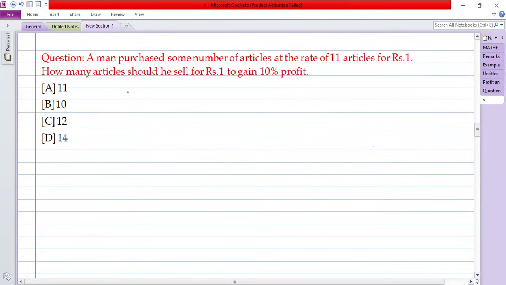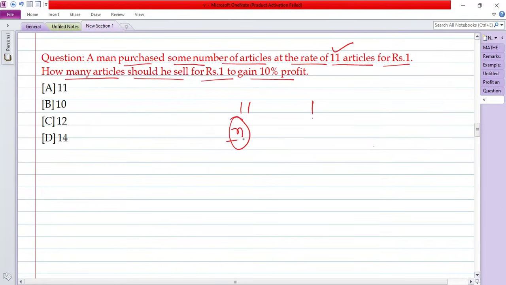So here, this type we had already discussed, but here it is in a bit different form. A man purchased some number of articles at this rate, 11 articles for rupee 1. How many articles should he sell for rupee 1 to gain 10% profit? So here 11 articles for rupee 1.